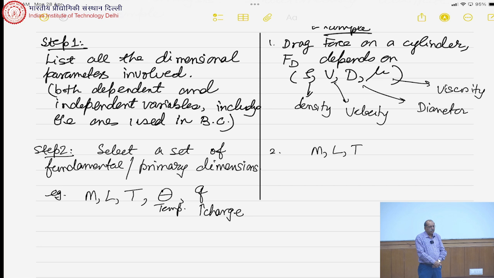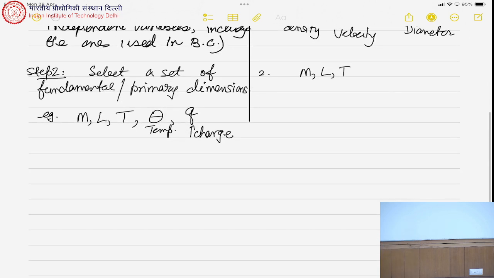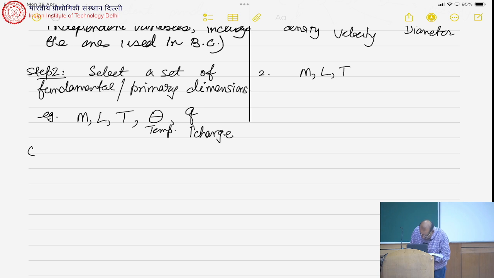But then you can't use force, mass, length and time, because you can make a dimensionless parameter using force, mass, length and time. So within these fundamental parameters, you should not be able to make a dimensionless group. So that is the governing principle here.